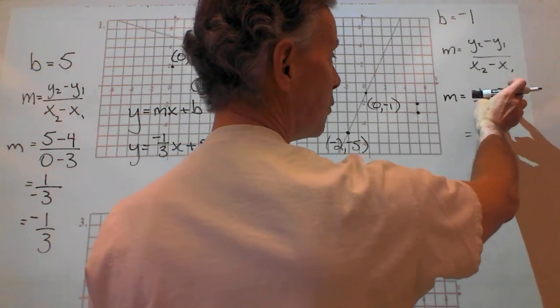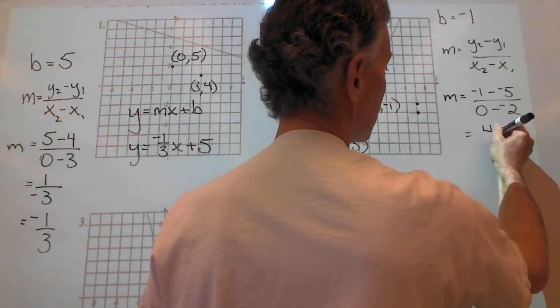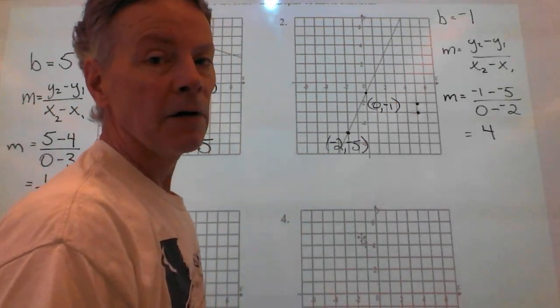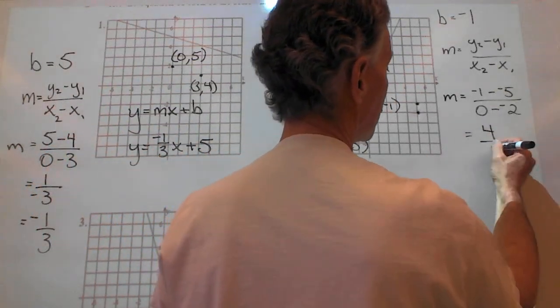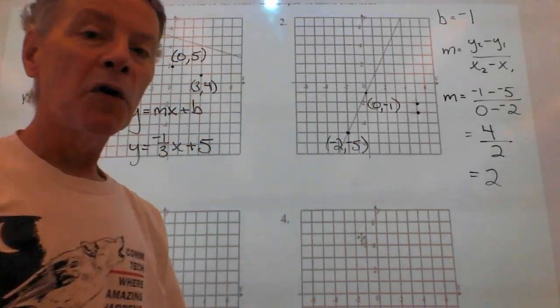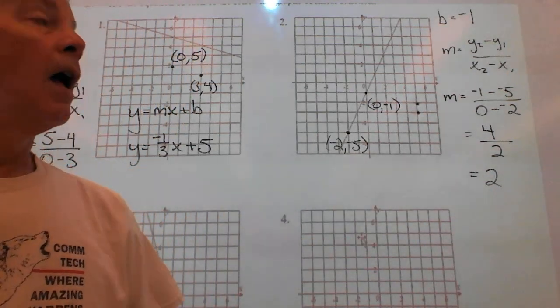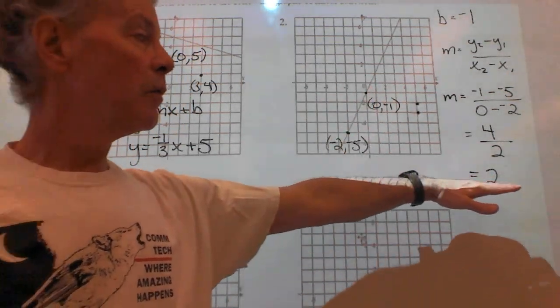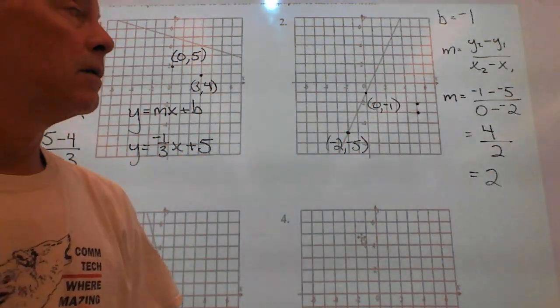So what we end up with here is negative 1 minus negative 5. We end up with plus 4, right? It's like saying negative 1 plus 5. Here, we end up with positive 2, which, more simply put, is a slope of 2. Okay? Again, take a look at your line. We have a positive slope, and yeah, it's going up to the right.